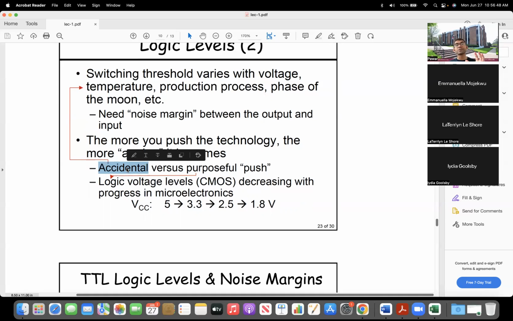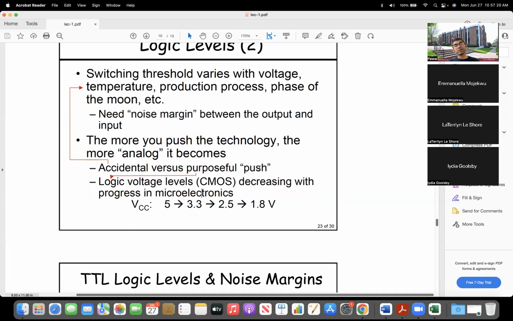So that's a purposeful push, right? But the system itself, the cylinder itself, is trying to get rid of some pressure, right? So that is like an accidental one. So purposefully, if I'm filling in water, then I'm pushing the pressure or the system towards a margin, towards a threshold. But the system itself also is trying to reduce that pressure.